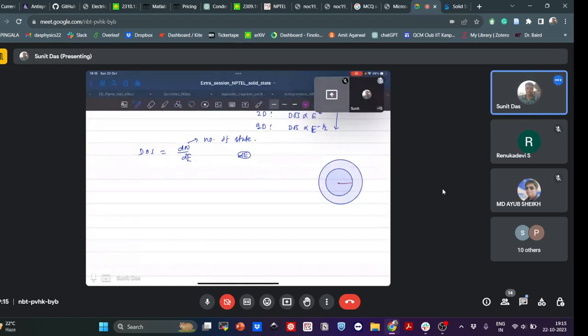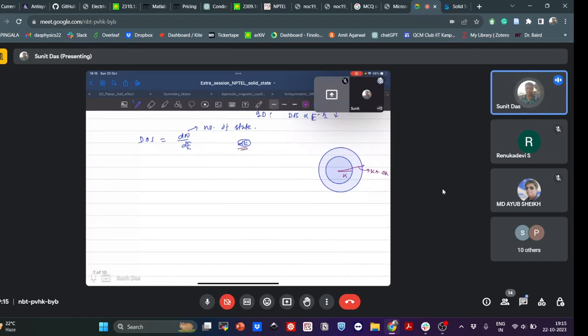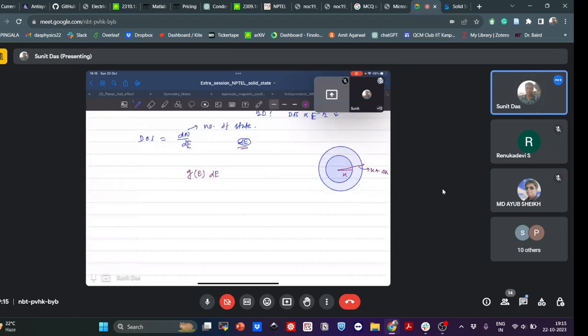So this is K, and this is K plus delta K. To find the number of states within this energy range dE, what we actually do is g(E)dE, or equivalently g(K)dK. g(K)dK gives the total number of states. If we divide by the energy range, then I will get DOS.